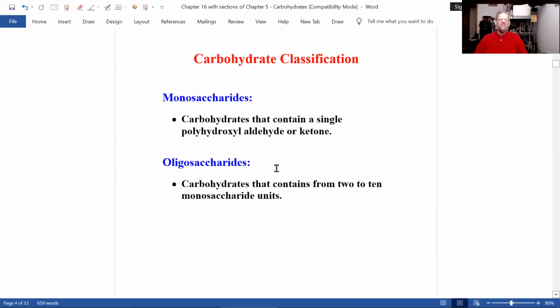Now, there's some carbohydrate classifications which you might use in other classes that you should be familiar with. Most of these, the switch is off, but I'll tell you when I turn it on. And you can have monosaccharide, mono being 1, and that's a carbohydrate that contains a single polyhydroxyl aldehyde or ketone.